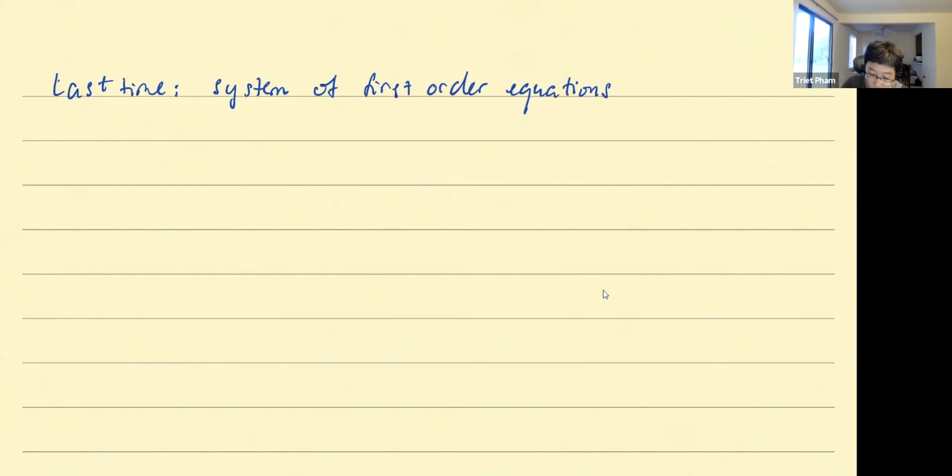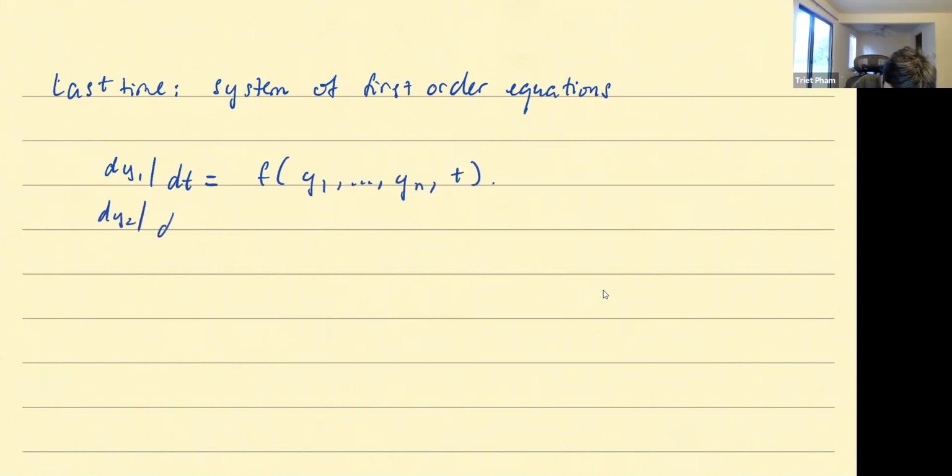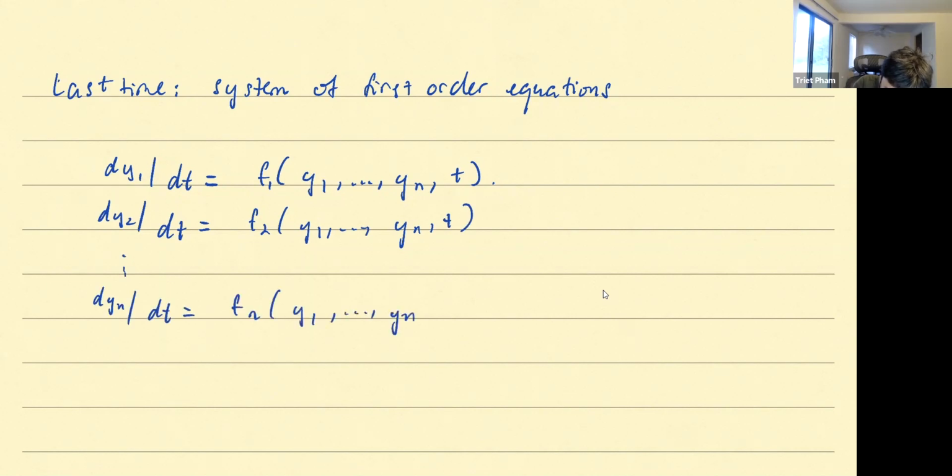Roughly speaking, it's going to be something like dy1 over dt is some function of y1 up to yn, and t. dy2 over dt is some other function, and then dyn over dt is some function of y1 up to yn and t.